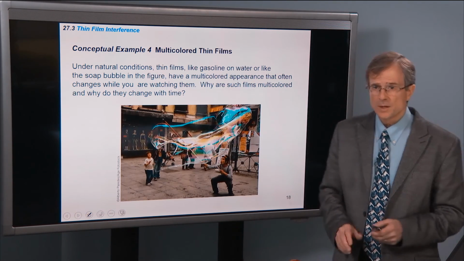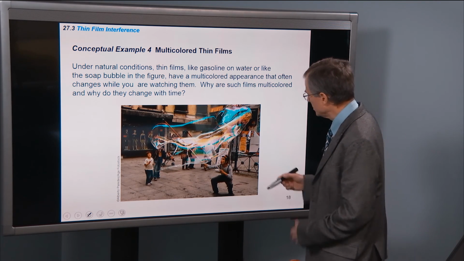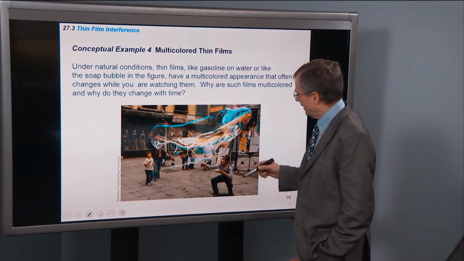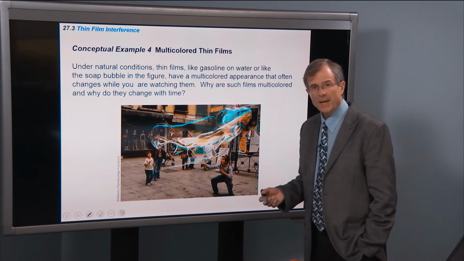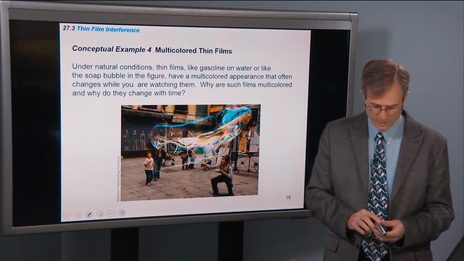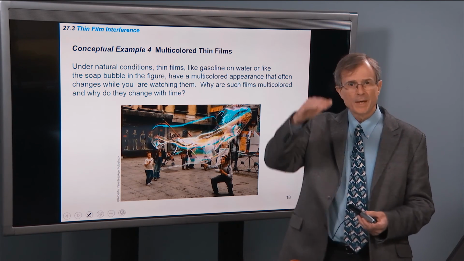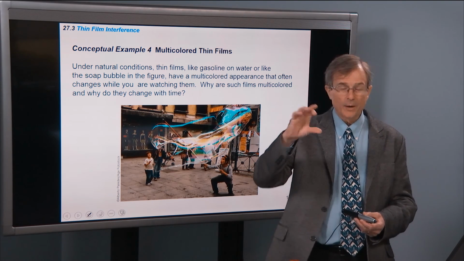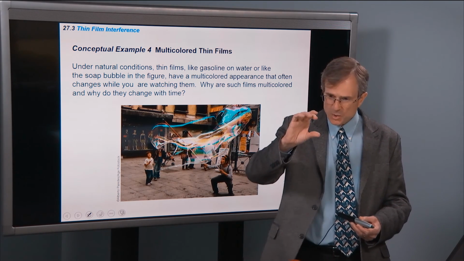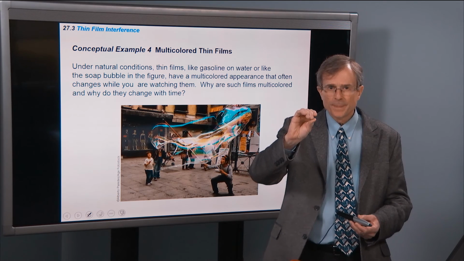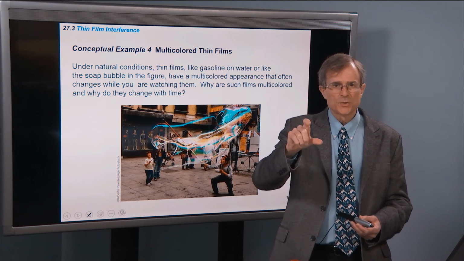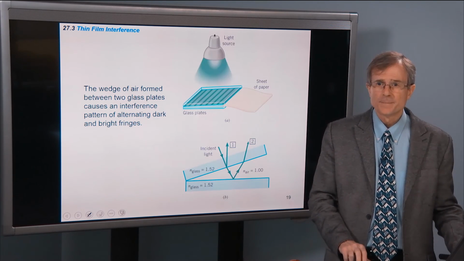You can also see that in soap bubbles, fringes, beautiful rainbow patterns caused by thin film interference. In this case, you've got air, then a soap layer, and then more air. But that soap layer thickness can change, and depending on the wavelength, you get constructive or destructive interference.